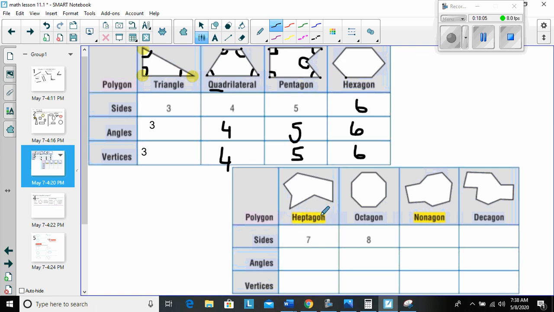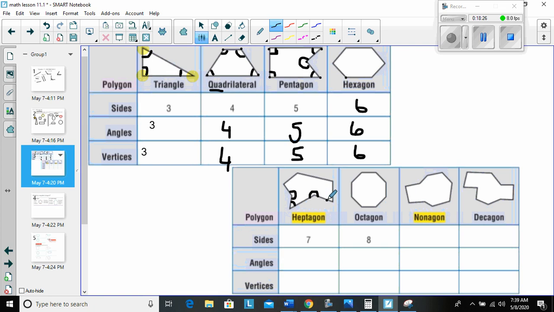Okay, heptagon. Angles, if we look at the inside where the 2 lines meet, they meet in 7 different spots. So there's one. Here's one of those ones that are bigger than 180, right? Here's another one that's bigger than 180. But wherever 2 lines meet, they create an angle, okay?